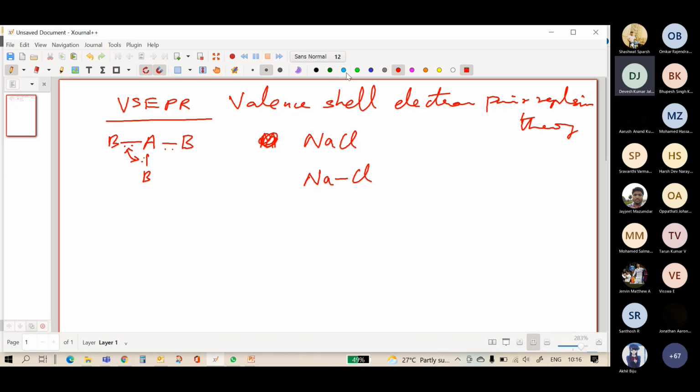The reason is this is an ionic compound, which has ionic bonding, where sodium has a positive charge and chlorine has a negative charge, and it's pure electrostatic attraction between the positive charge sodium and the negative charge chlorine. So whatever picture that you are talking about is an ionic compound. Whatever I am talking about here, the sharing of electrons, happens in covalent molecules.